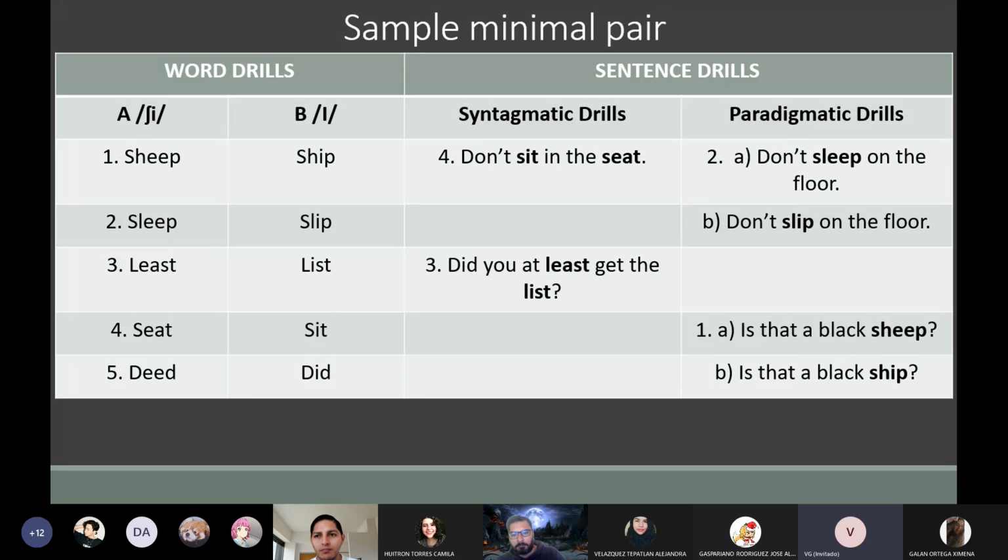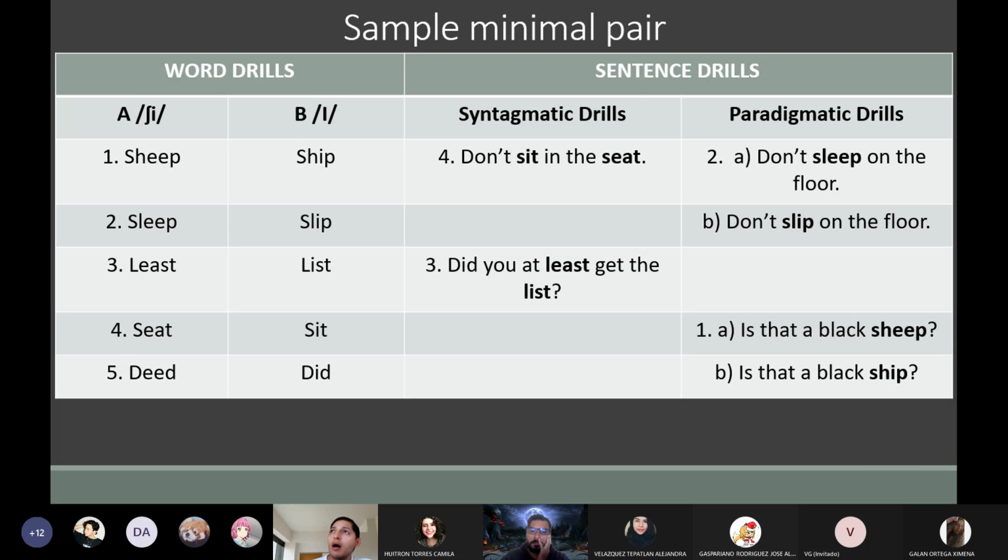May I ask a question? For the paradigmatic drills, do we have to use exactly the same sentence? That's right, the only thing that will change is the word. That's correct.